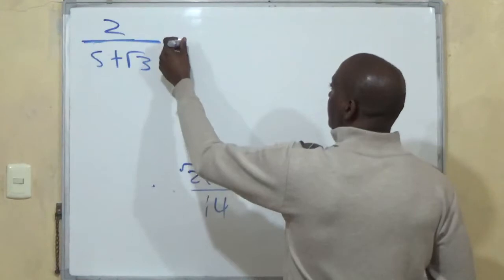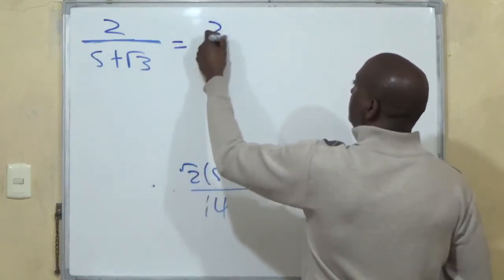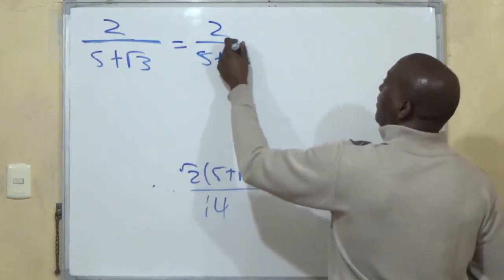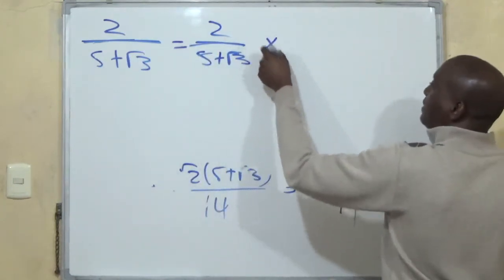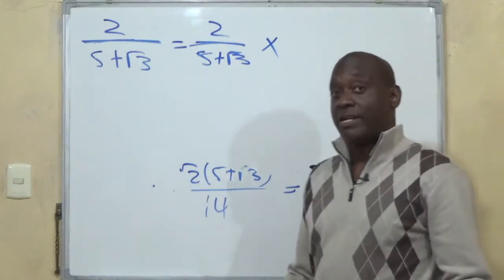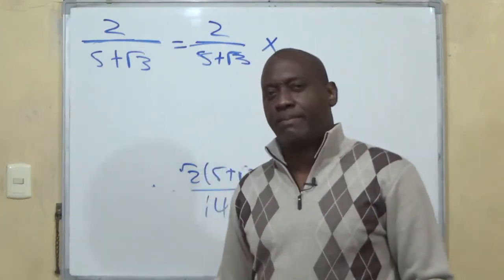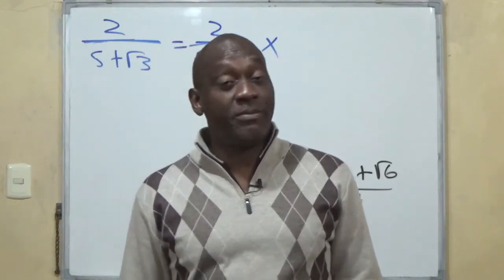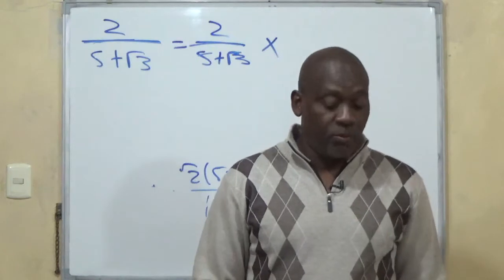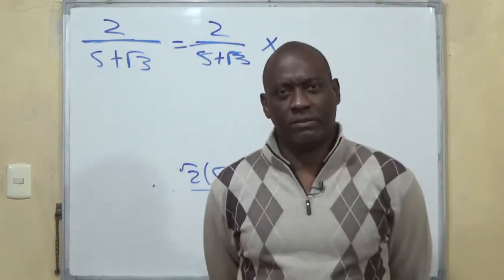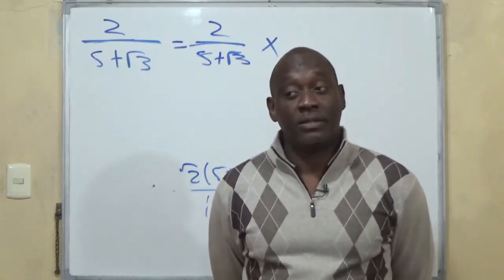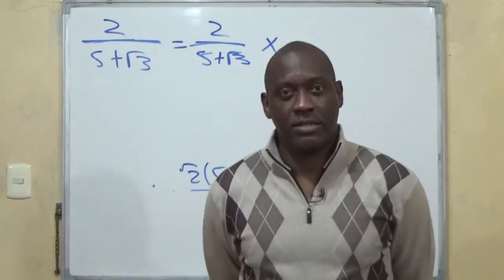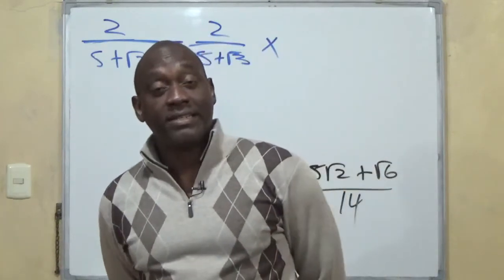So this will be equal to what? 2 over 5 plus root 3 multiplied by a whole fraction, which is a fraction where the numerator and the denominator are the same. What whole fraction are we looking for? Remember, we already stated before that we could choose any whole fraction we want, but you have to choose a whole fraction that makes sense for the context that they operate in.